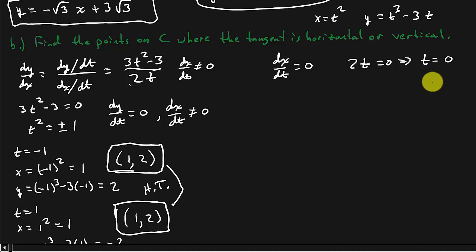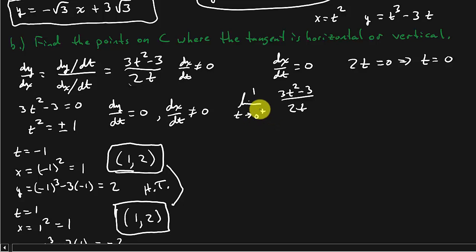So how are we going to do that? Well, I'm going to take the limit as t goes to 0 from the right, of 3t squared minus 3 over 2t. This right here just goes back to what you had to do in Calculus 1. So let's look at this.